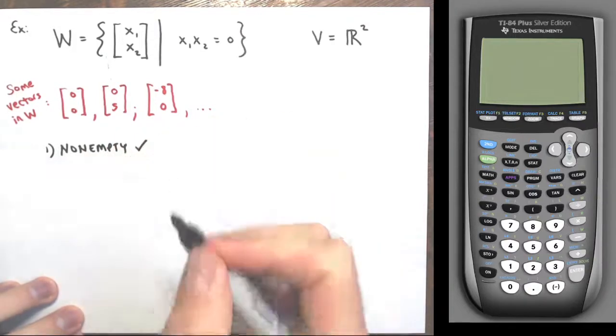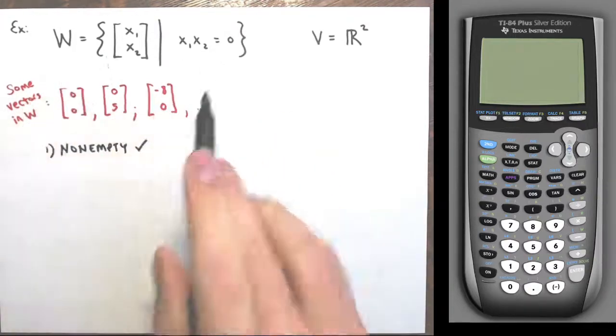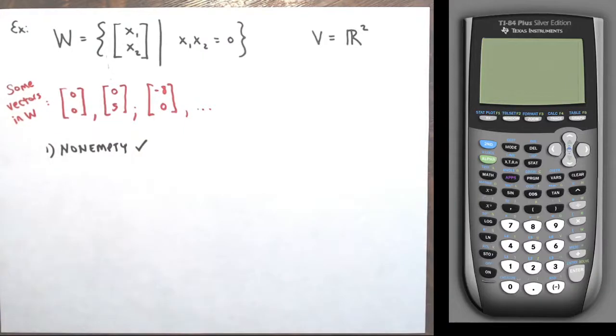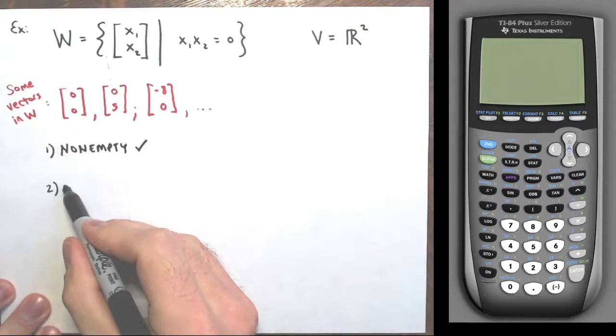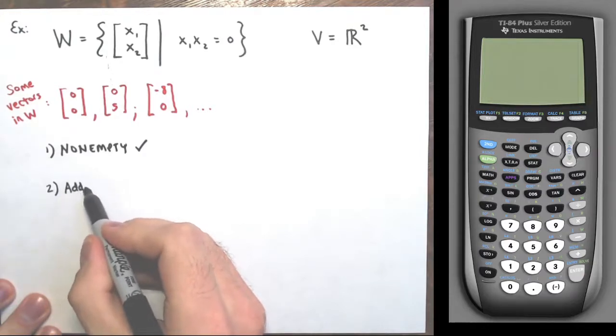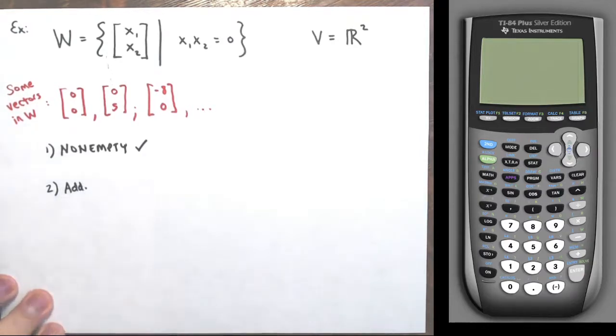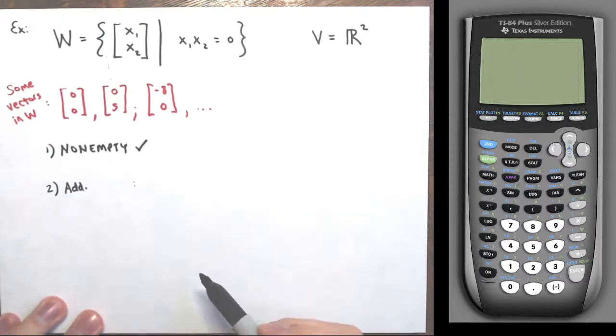Check. This set W definitely has some vectors in it. All right, is it closed under addition? I'm just going to put addition. Is it closed under addition? I don't know.